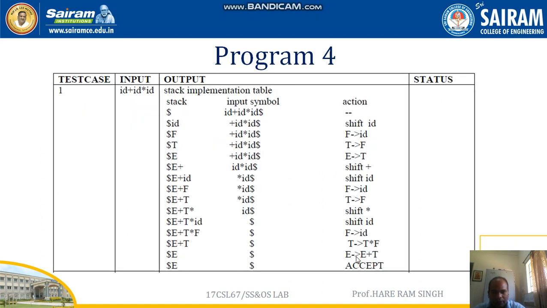So E. Now three reduces are there, and finally what we got is E. So this sentence can be accepted using the grammar. So the input id + id * id is the correct input and it can be accepted using the grammar.